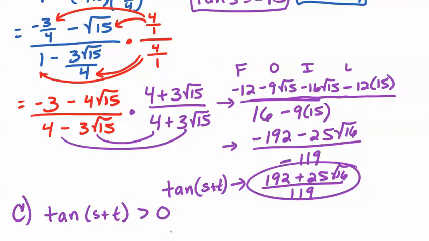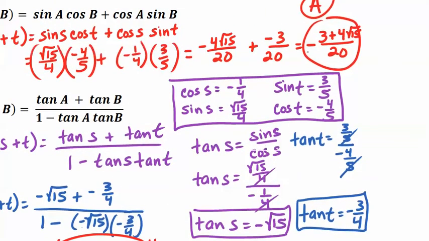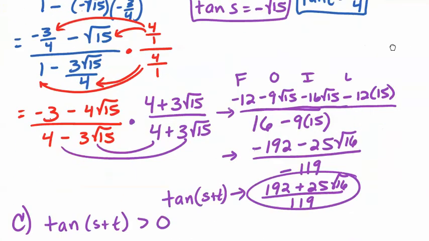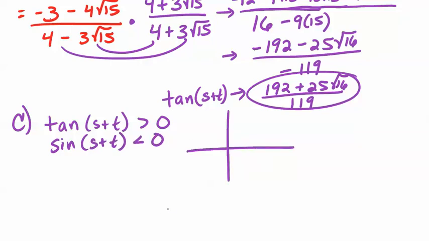Let's go back and look at our answer for sine. In part A, our sine turned out to be a negative number. So our sine of these two angles put together was negative. So now let's think about a quadrant.